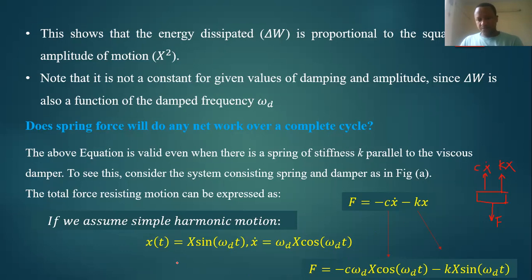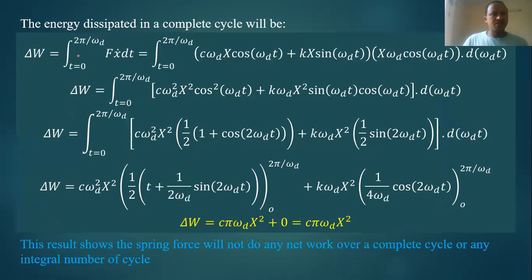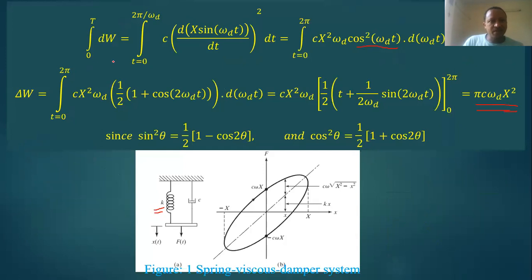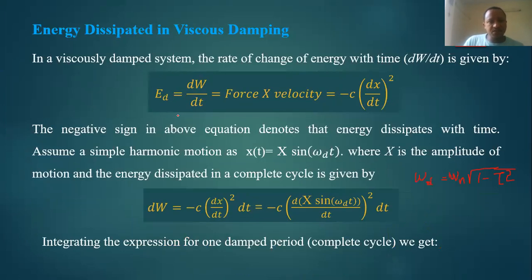Now, work done is W equal to the integral of F times dx. From this relation, dW by dt is equal to F times velocity, which is F x dot.